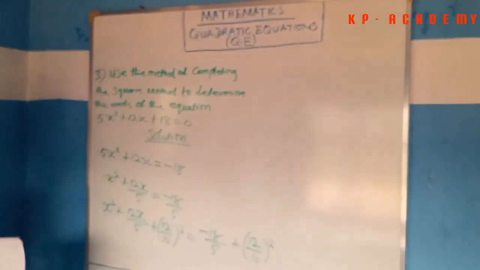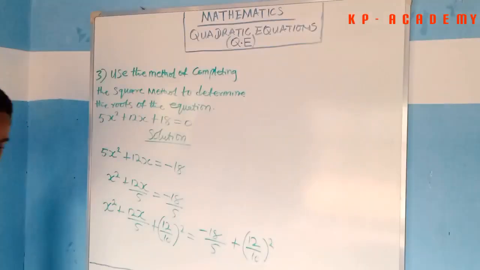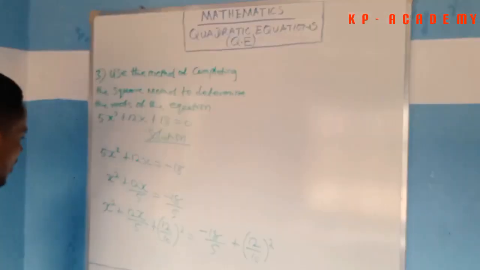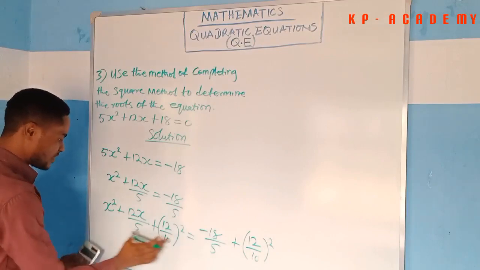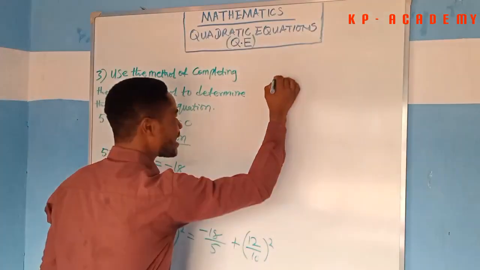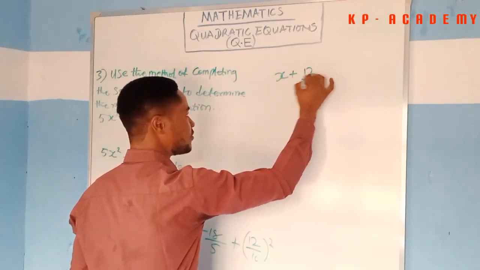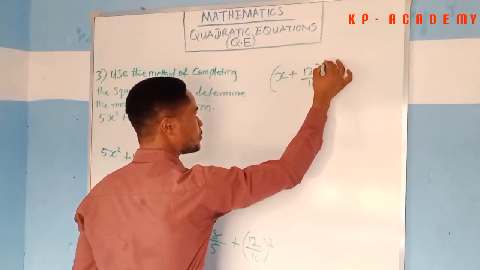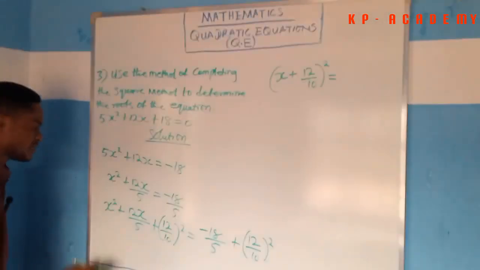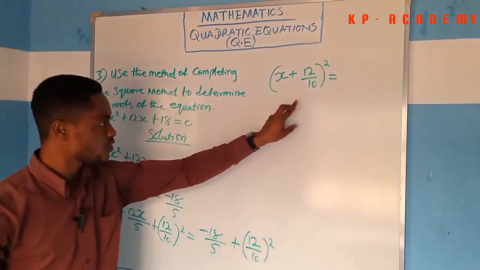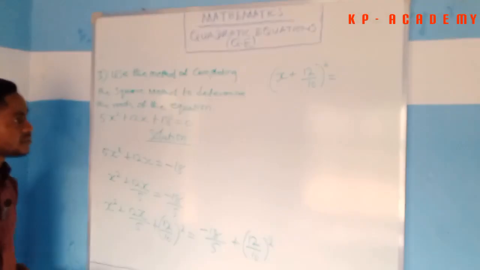Now, the next thing to be done is to evaluate the left-hand side and also evaluate the right-hand side of the equation. Now, evaluating the left, according to the binomial, I want you to know that the whole of the left-hand side of the equation is the same thing as x plus 12 over 10 all squared. If you expand this back, you should be able to have the whole of this back.